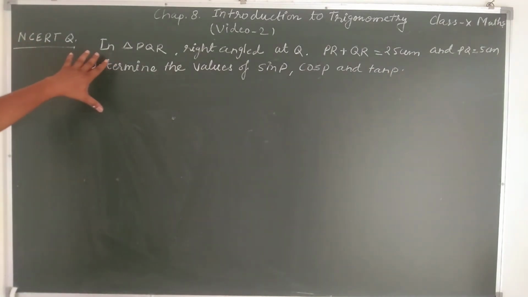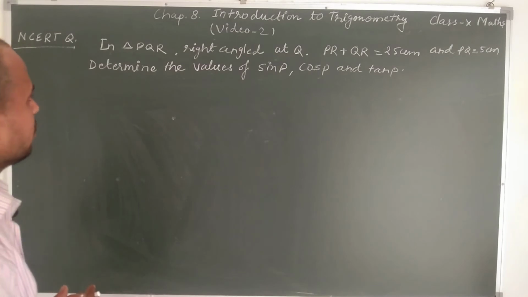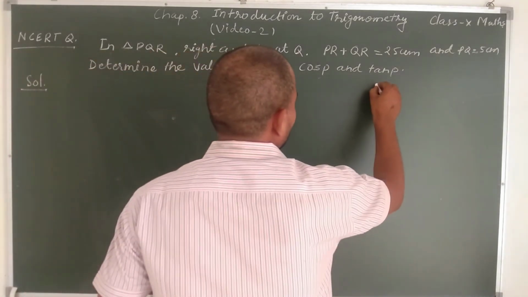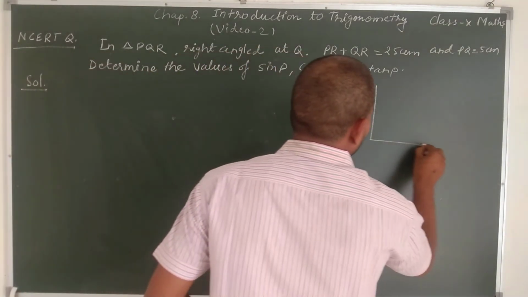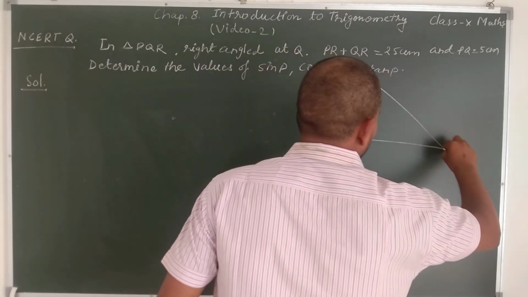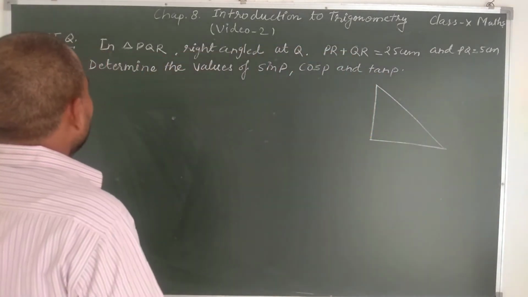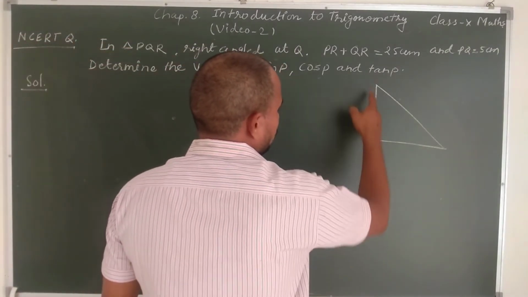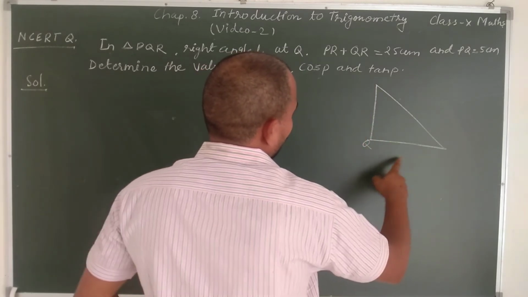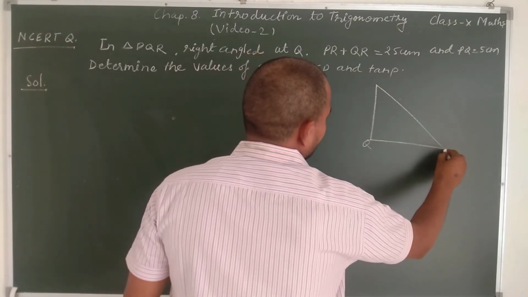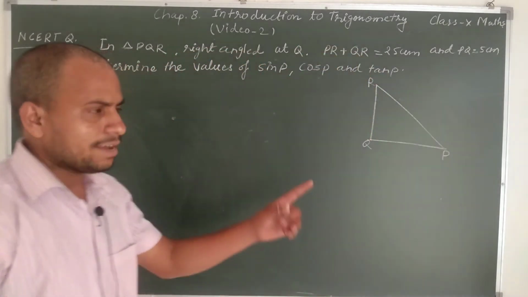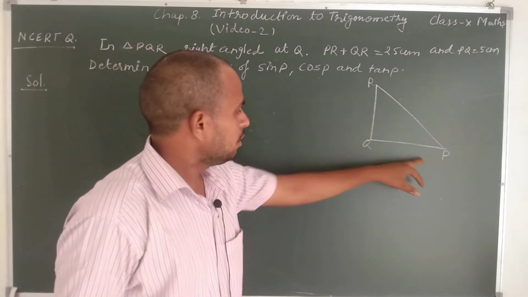So the question says that in triangle PQR, let's draw the triangle PQR, with a right angle at Q. PQR should be cyclic.